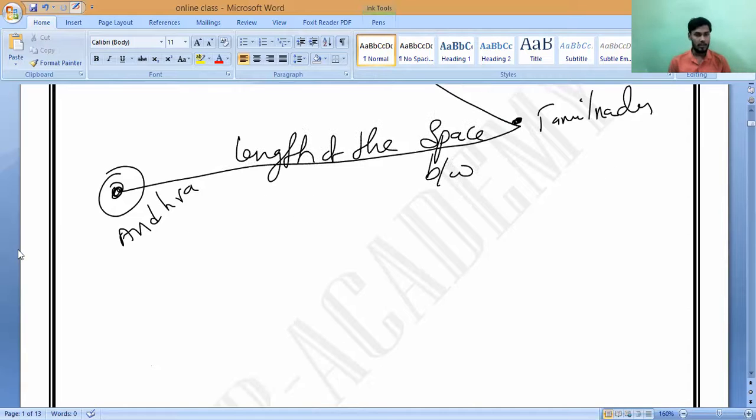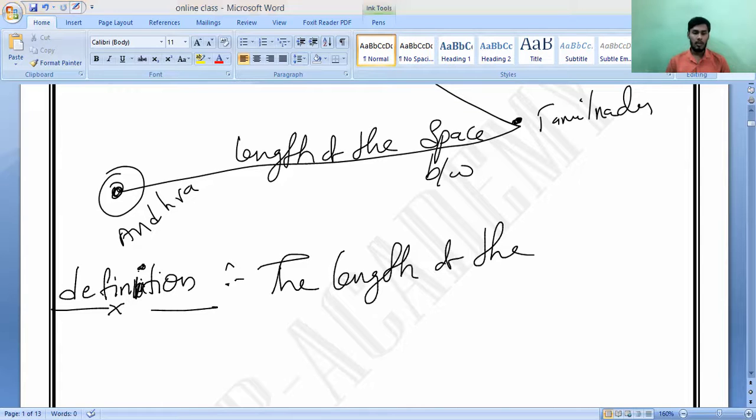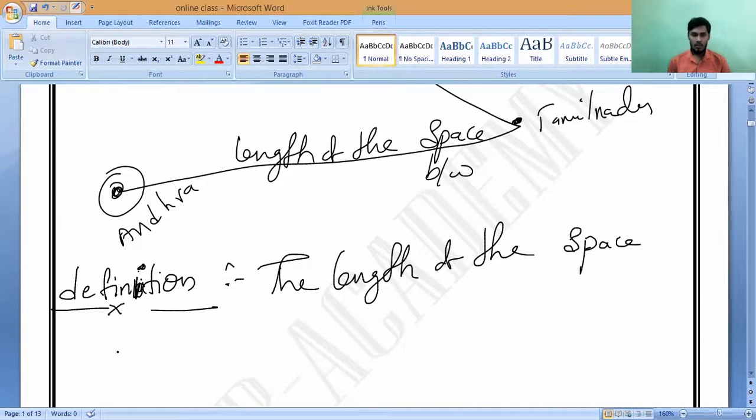Please write it. Definition. What is the definition, Ra? Right. The length of the space between 2 points, or also I can say 2 places.